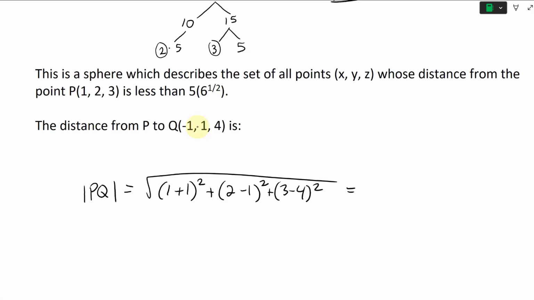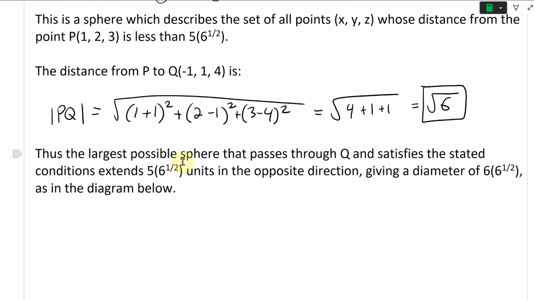So this equals the square root of 2 squared plus 1 squared plus -1 squared. So 1 plus 1 is 2, squared is 4. 2 minus 1 is 1, squared is 1. 3 minus 4 is -1, squared is 1. So this equals the square root of 6. That's the distance from P to Q.